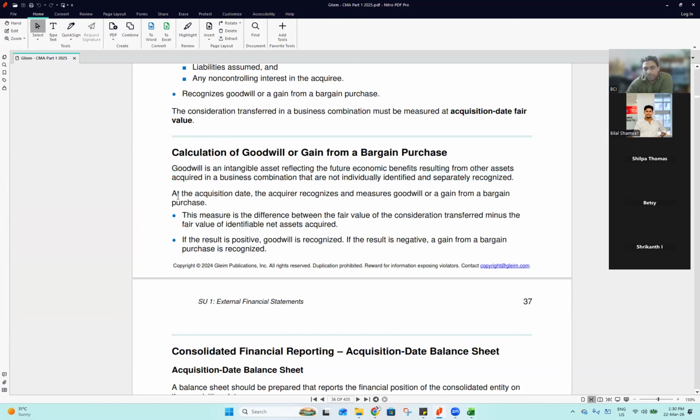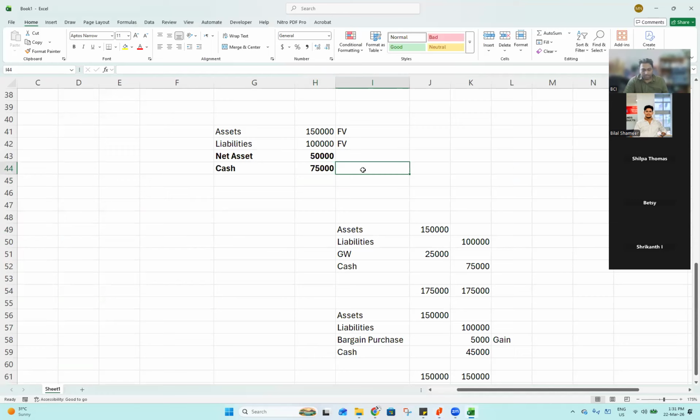Now, at the acquisition date, the acquirer recognizes and measures goodwill or a gain from bargain purchase. This measure is the difference between the fair value of the consideration transferred minus the fair value of the identified net assets acquired. So the fair value of the asset transferred, right?